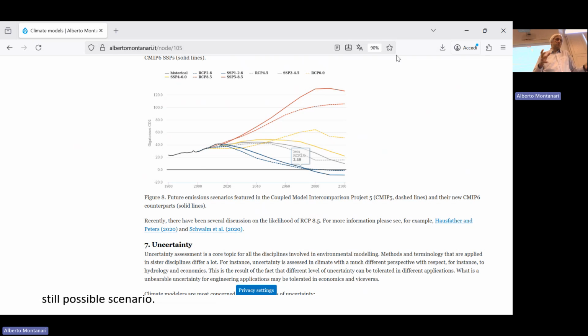But it is very likely that it's also related to mitigation policies. And therefore, depending on the scenario that you select, you have different results, of course. So the basic question is, what scenario should we choose?